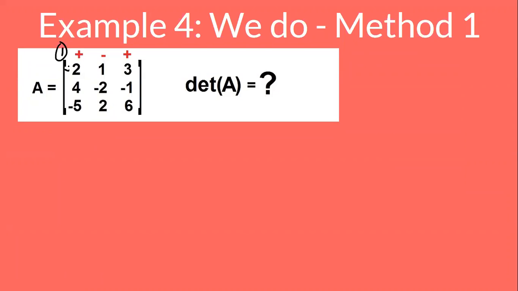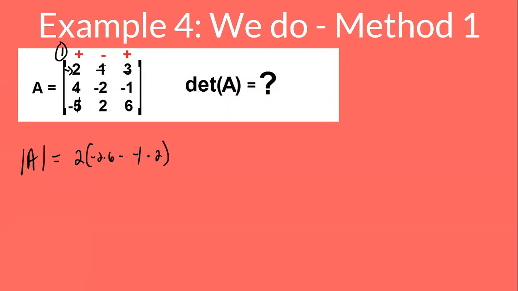So I'm here at A, which means that I'm crossing out 1, 3, 4, and 5 right now. So the determinant of A is going to equal positive 2 times negative 2 times 6 minus negative 1 times 2. That's my first one.